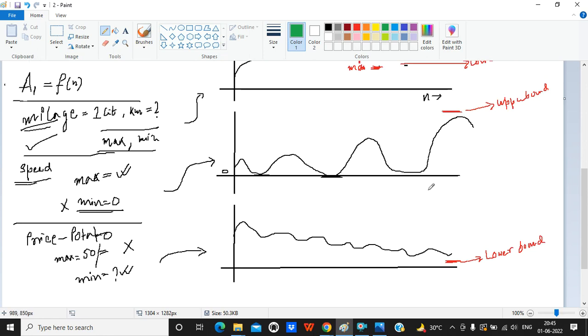But what is most necessary is this one, the upper bound. This is the most necessary thing, because we are always interested to know the worst amount of time taken by an algorithm in the worst case scenario, meaning the maximum amount of time taken by an algorithm to produce the output.